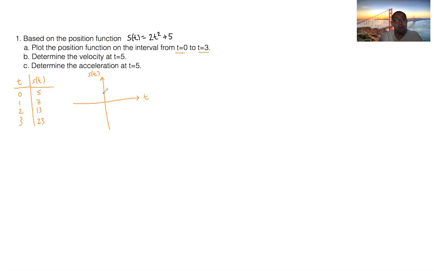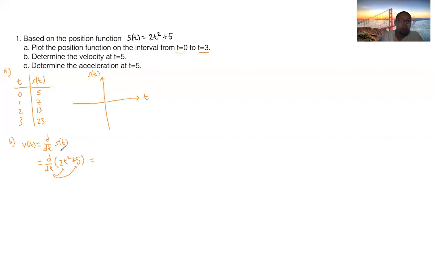And so we know that, let me label these, we know that the velocity is just the derivative, in this case, with respect to time, of our position function. And so, since we know our position function is 2t squared plus 5, we know that we need to distribute our derivative to every term in this expression.